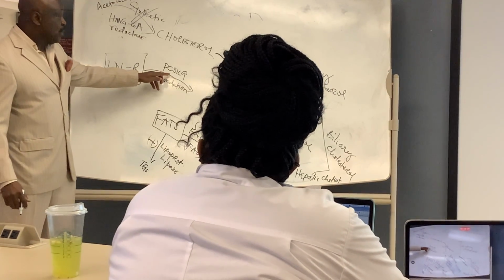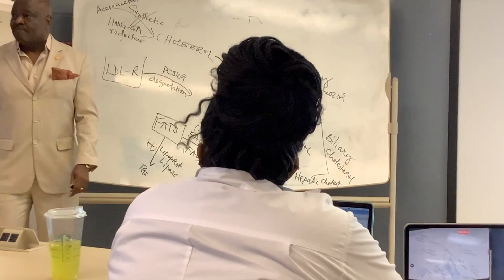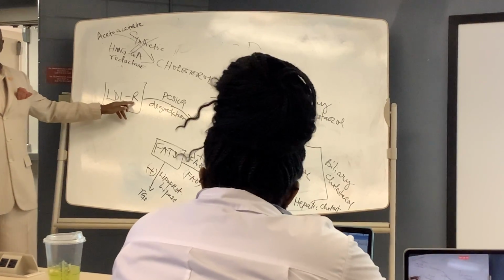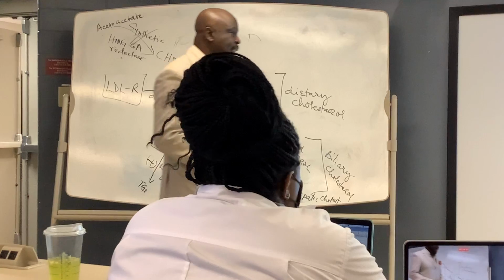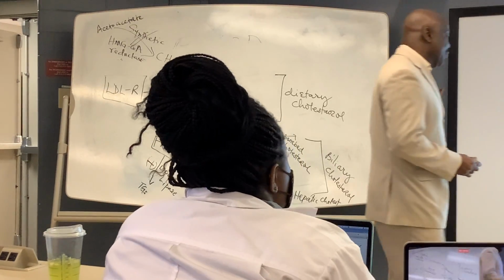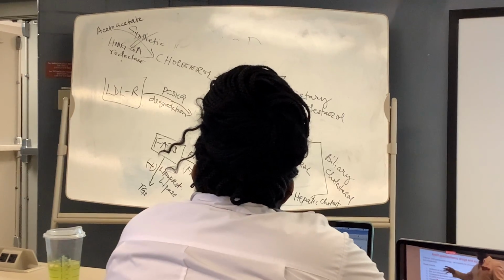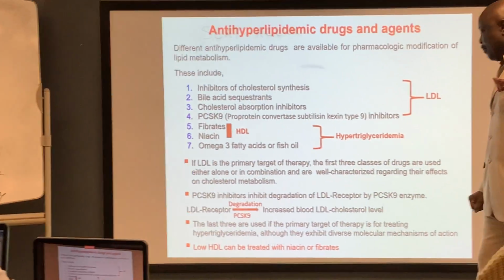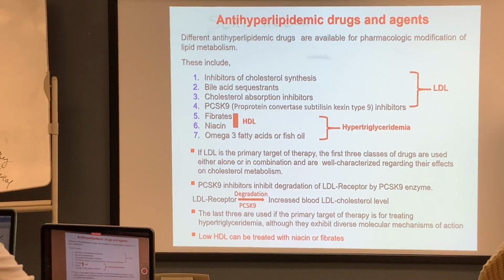So does it make sense that we have to inhibit this enzyme that is causing the degradation of what we need? That's how you end up with the PCSK9 inhibitors. When you are able to do that, you are able to reduce the amount of cholesterol because the receptor can clear the cholesterol more. And that is what you have here.